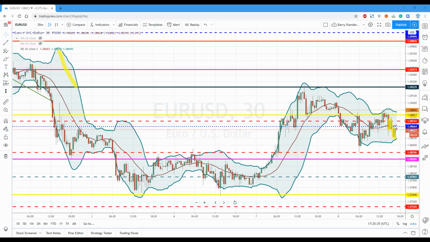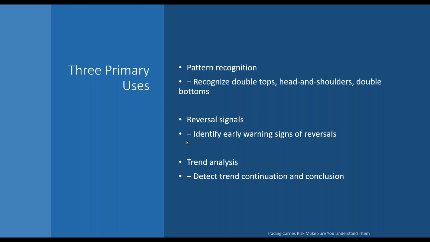Now, Bollinger Bands serves many purposes. It gives us pattern recognition. It gives us reversal signals, and it gives us trend analysis. So we were just talking about reversal signals a second ago, and we were talking about analyzing the trend.